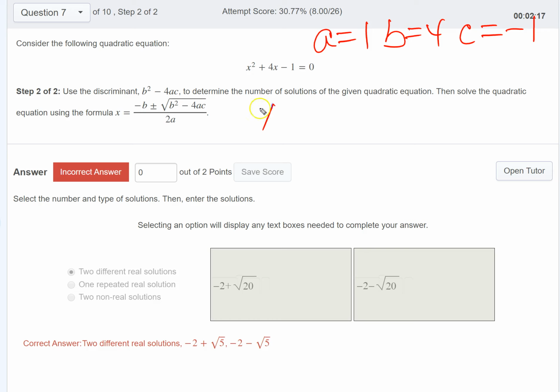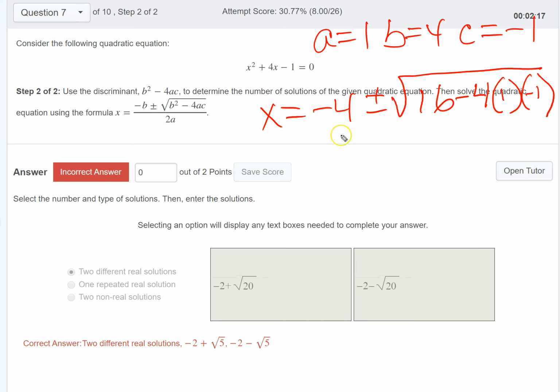So we have x equals negative b, so this is going to be -4, plus or minus the square root of b squared, which is 16, minus 4, a is 1, c is -1, all over 2a, a is 1, so this is a 2.